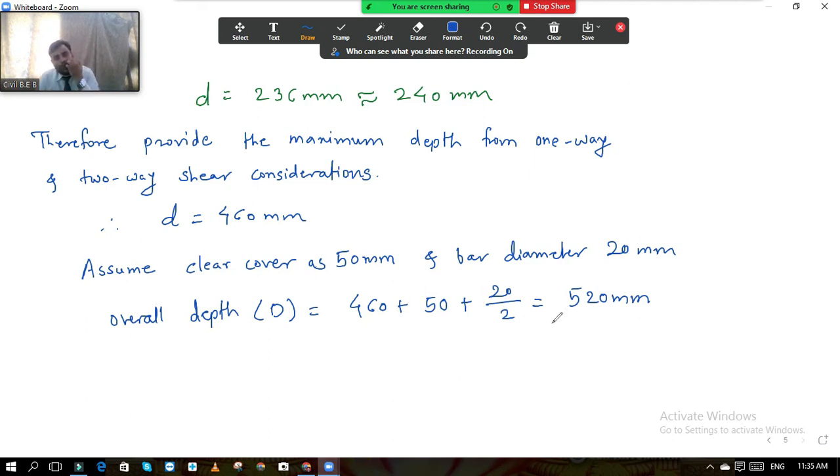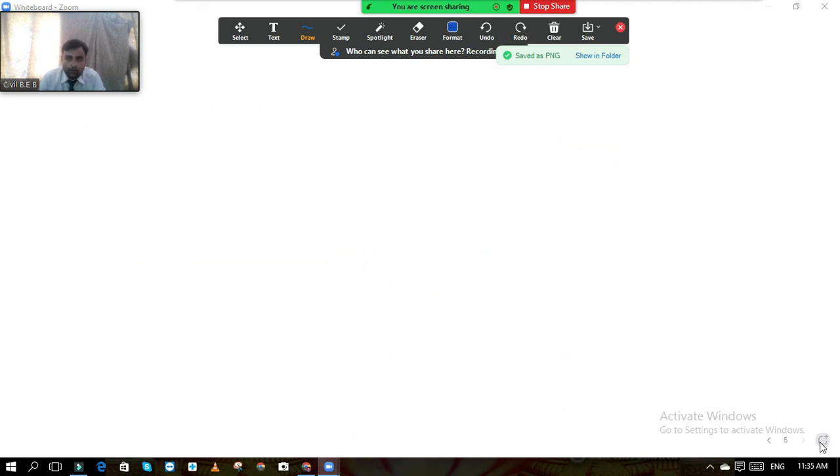We have assumed 50 mm clear cover. For footing, the cover is 50 mm, and bar diameter is 20 mm. So now we will go for bending moment.